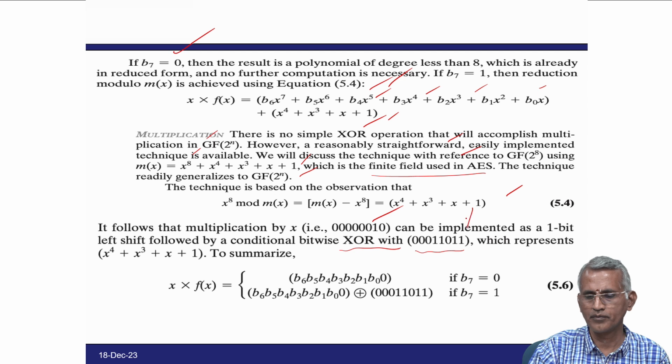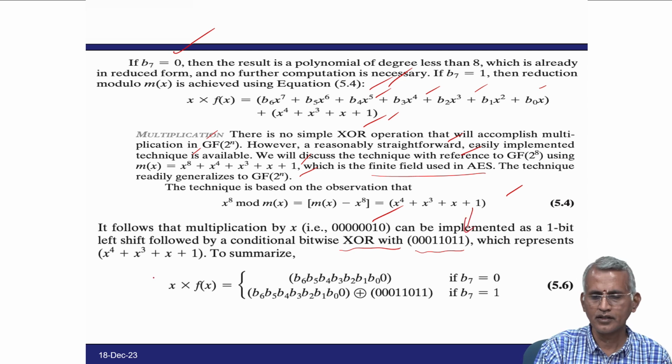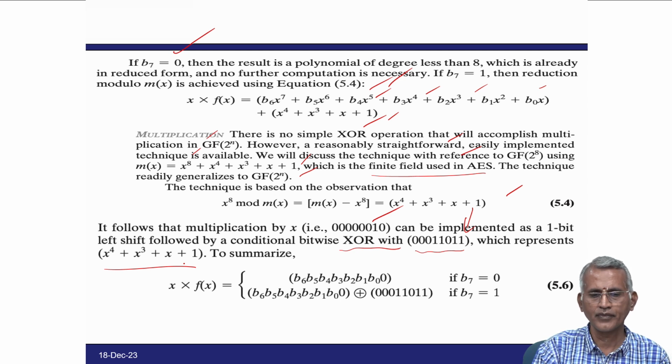From this, which represents the equation, we summarize x into f(x). Here we have b7 is 0, and then we take the coefficients b6, b5, b4, b3, b2, b1, b0.